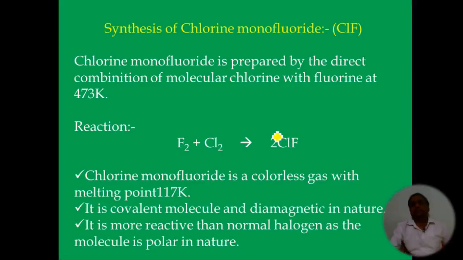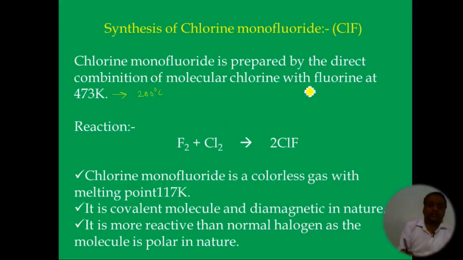Chlorine monofluoride is prepared by the direct combination of molecular chlorine and fluorine. The temperature should be around 473 Kelvin. In degrees Celsius, it will be around 200 degrees Celsius. That means direct molecular halogens are mixed together.